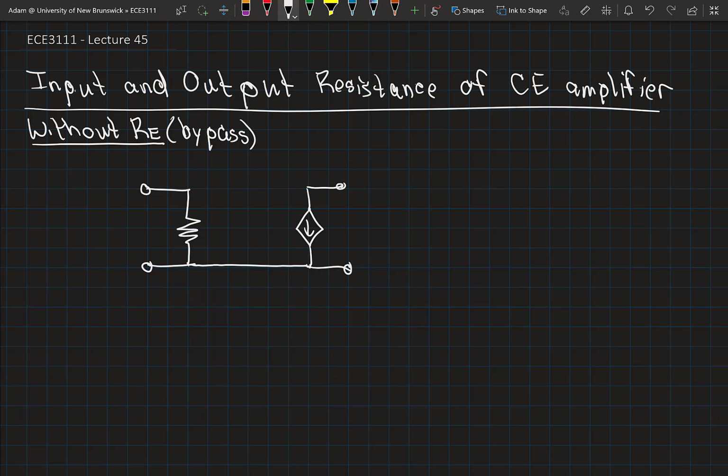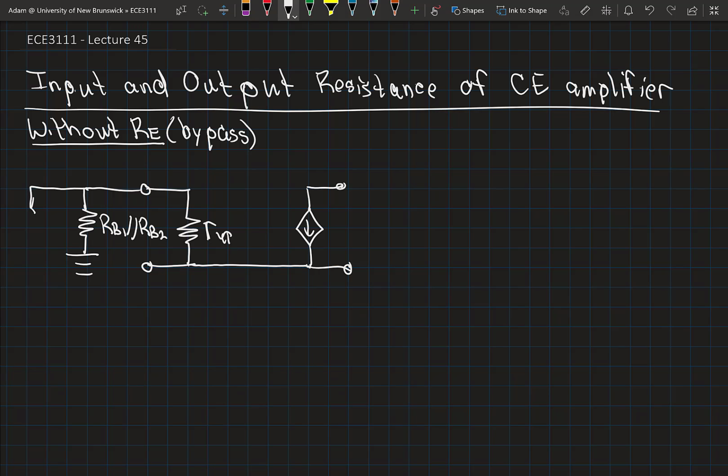For this analysis the hybrid pi model works well. If you look back at the last lecture, I showed RB1 and RB2 as two individual resistors in parallel. I'm just going to show them as a single resistor here that has a value equal to RB1 in parallel with RB2.